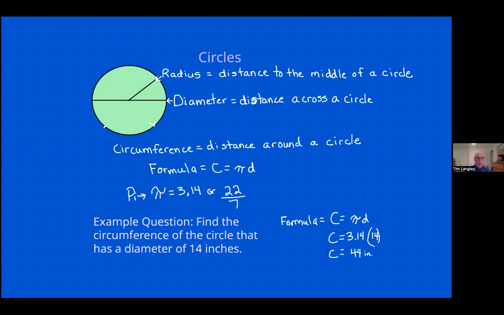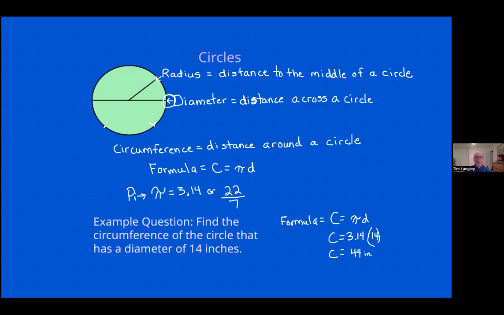All right. The diameter, the second term down, is the distance all the way across a circle. And so I've got my little arrow here, which I'll circle on the screen. This is pointing to the diameter that goes all the way across my green circle. All right. And then you've got a third term. So radius is halfway, diameter is all the way across, and circumference is the distance around the circle.